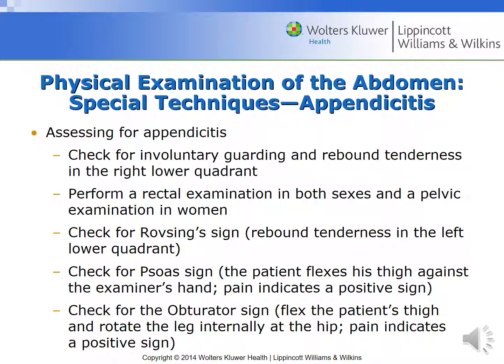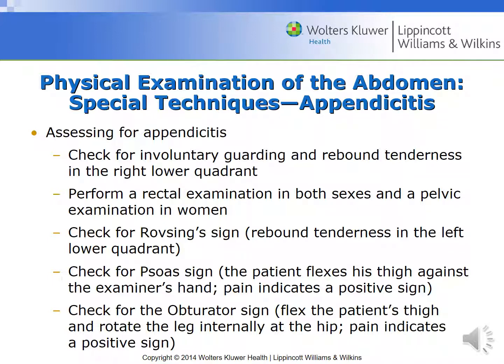So dealing with appendicitis, one of the very common things that will come in to see you, depending, of course, where you're working. Looking for that involuntary guarding, looking for that rebound tenderness, again, all in the right lower quadrant. You can also perform a rectal exam and a pelvic exam, so rectal in both sexes and pelvic in females.